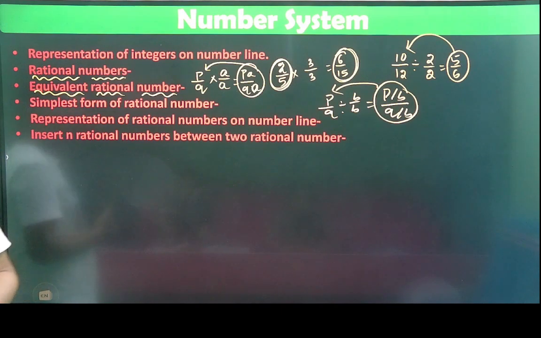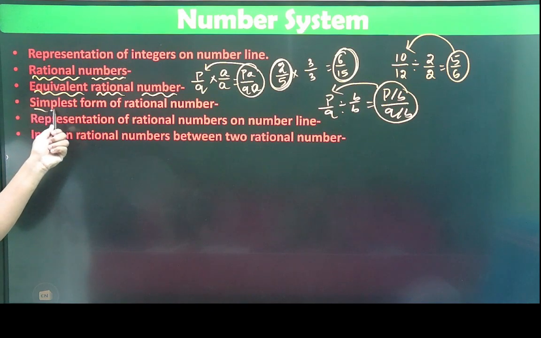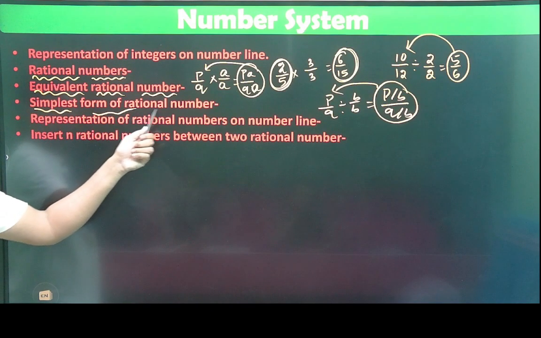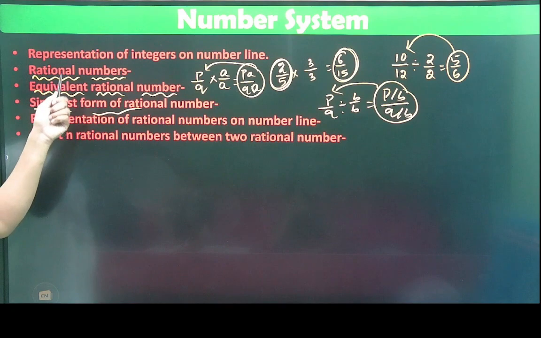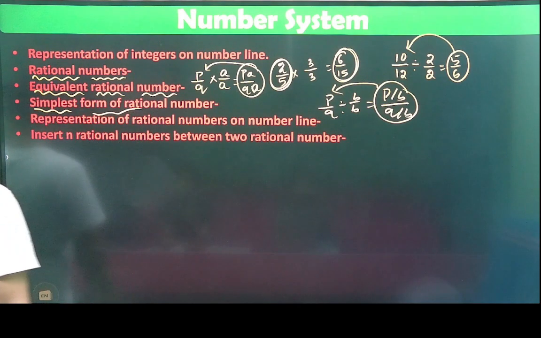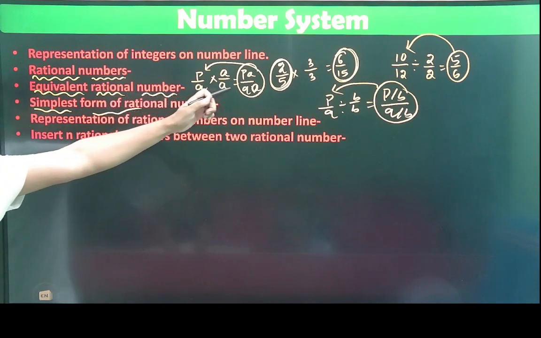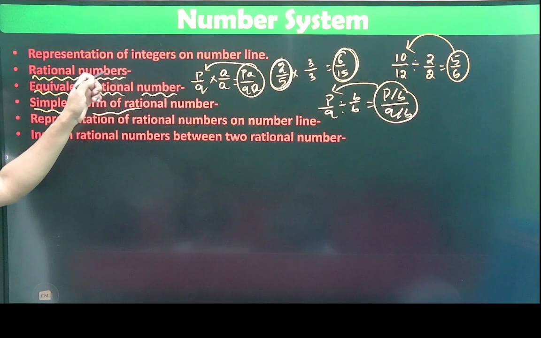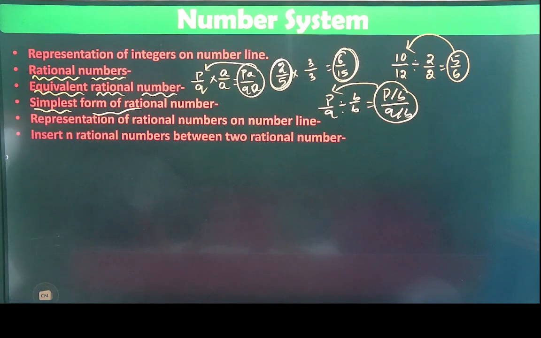Okay, then before I tell you what the simplest form of a rational number is, do one thing: write what is a rational number and an equivalent rational number. Here the definition is not required, you can directly write this one. And here write the definition and examples.